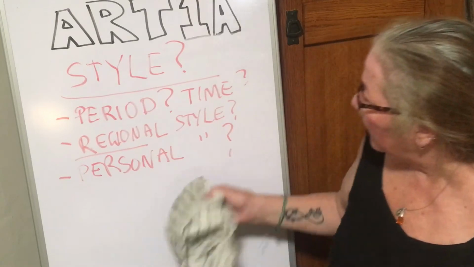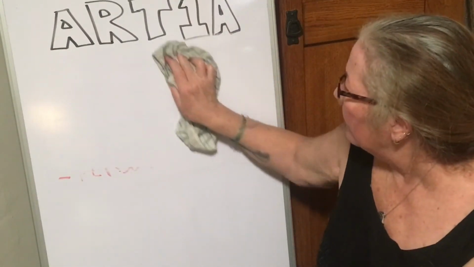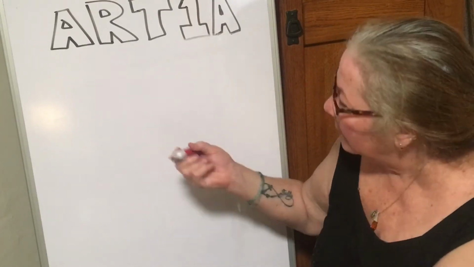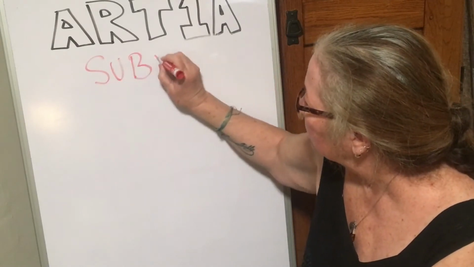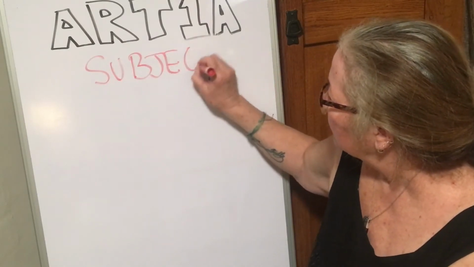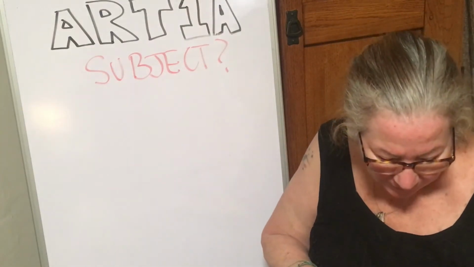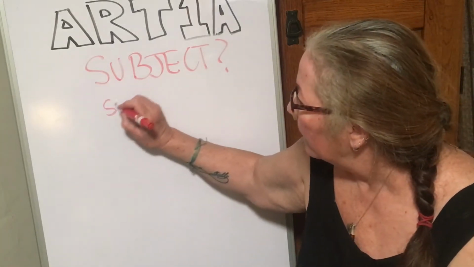The next thing that we ask in art history, to try and find out more about an artwork, is what is the subject? So what is the subject? The subject matter is very important, right? Is it a still life?